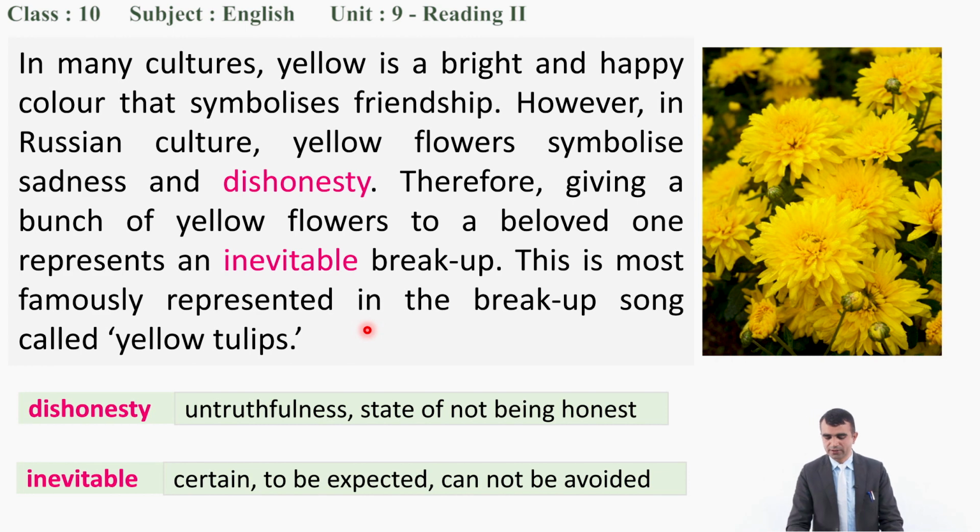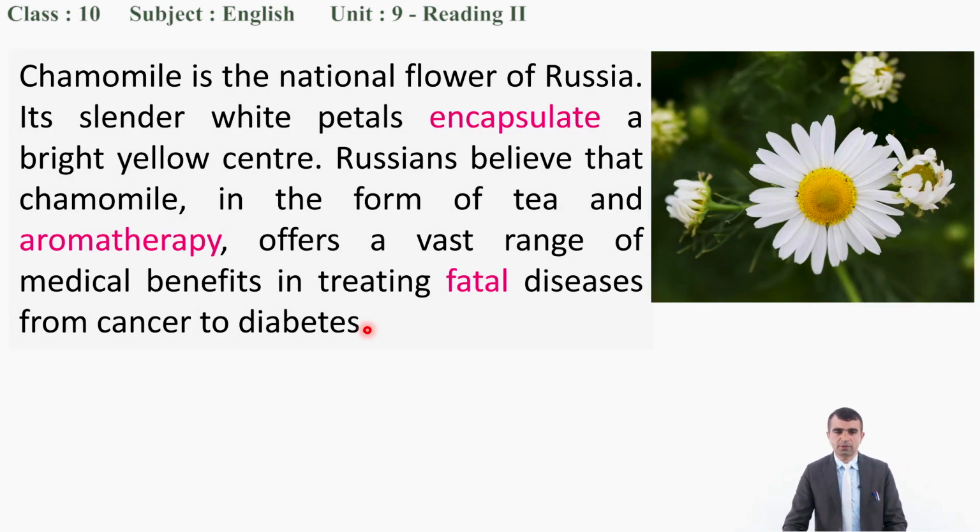Good. Okay. Next paragraph. Chamomile. Well, it's about chamomile and the flower. Chamomile is the national flower of Russia. Okay, this flower, chamomile, is the national flower. Its slender white petals encapsulate a bright yellow center.